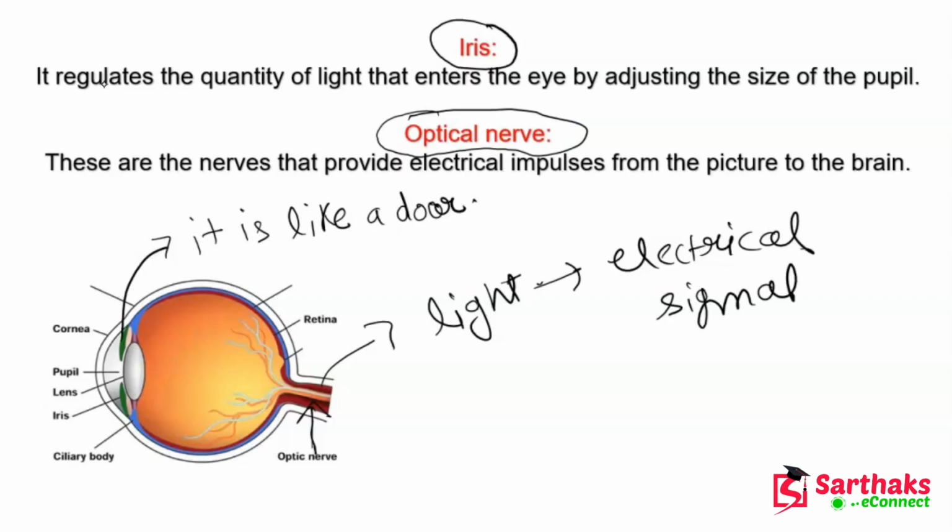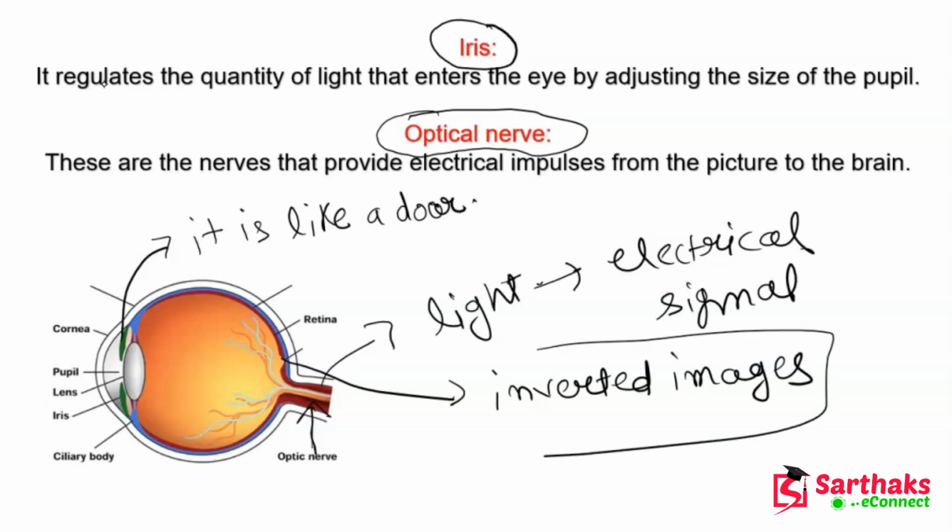I hope guys you got this point. And one more thing to remember: the images which form on the retina are inverted, but the mind reads these images as erect. So this is also a very important point.